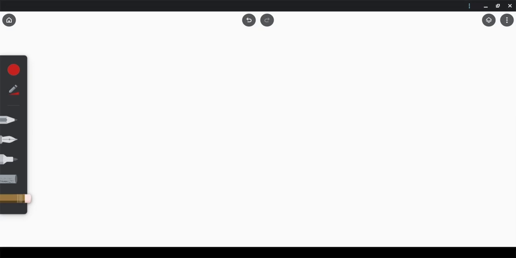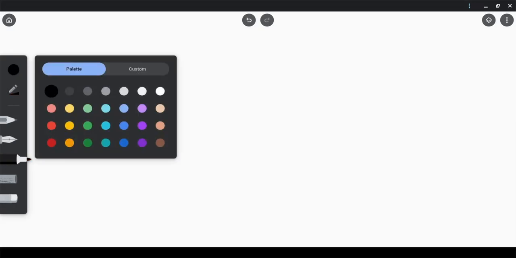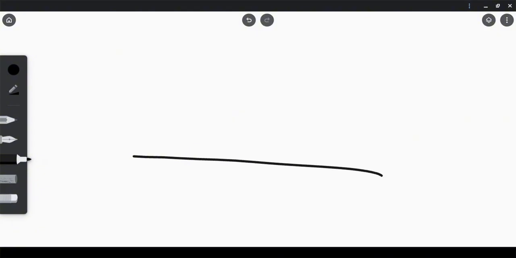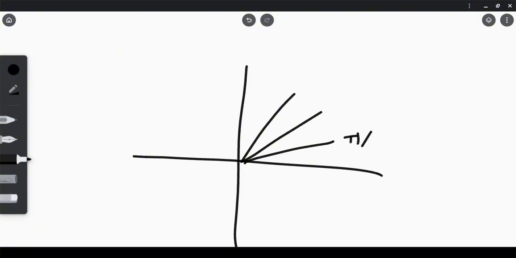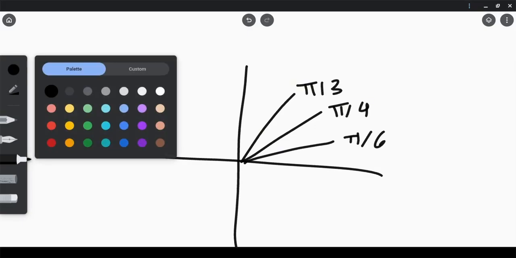Okay, so here's where most students struggle, and I can relate to this because I struggled with this as well in my first semester of precalculus. It's going to be very simple and straightforward. You just have to know these three angles: pi over 6, pi over 4, and pi over 3.